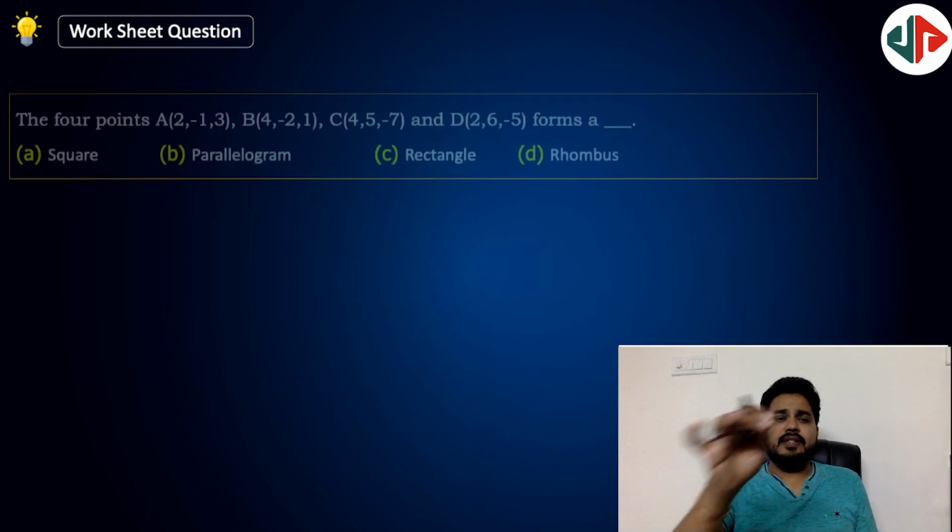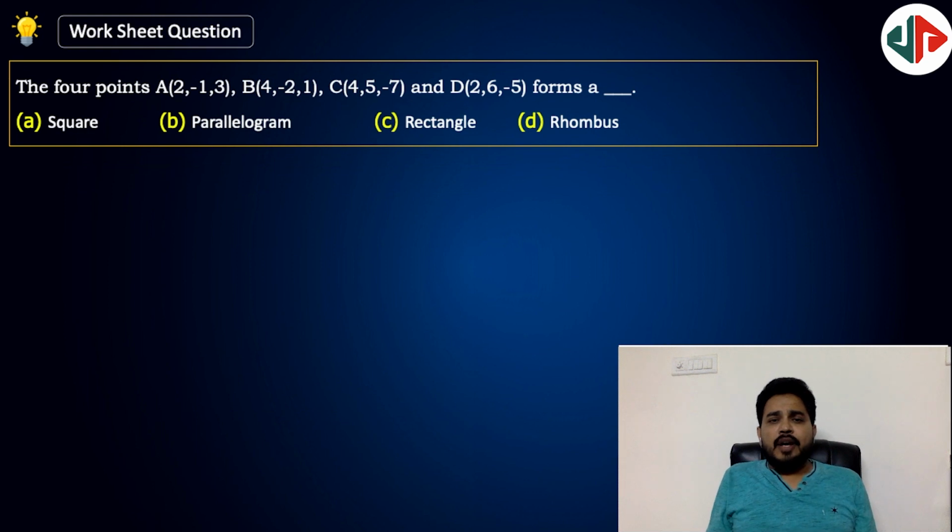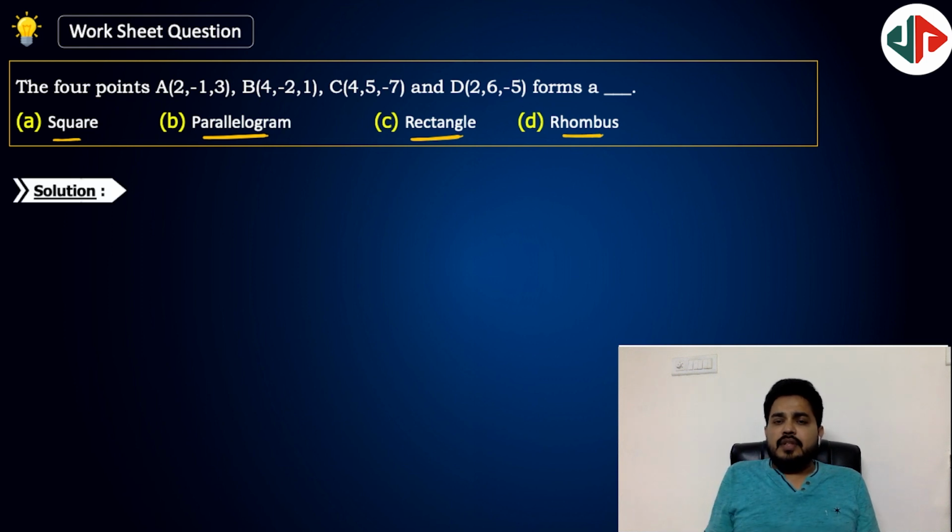Next question is: 4 points form a square, parallelogram, rectangle, or rhombus. How is this going to be?